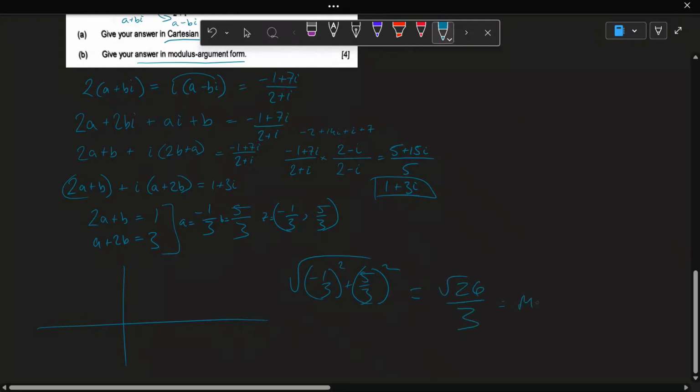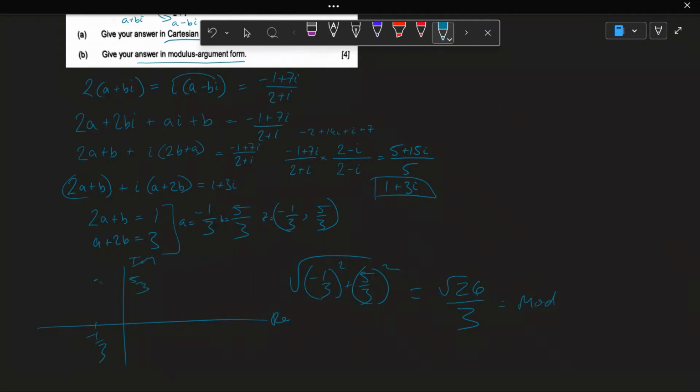That is our modulus. For argument, let's plot this on our Argand diagram. Minus 1/3, 5 over 3. So it's like the situation we had before, right?